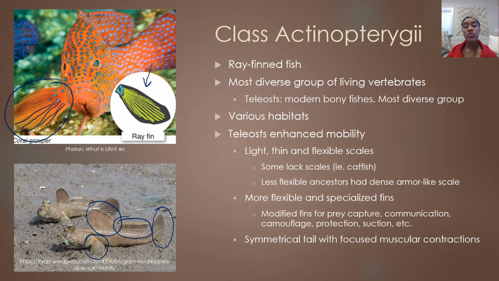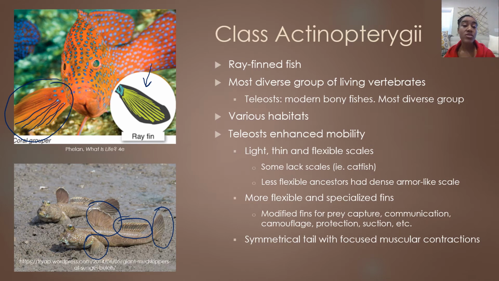And this is beneficial for teleost fish because it allows them to be far more mobile. The ancestor of ray fin fish had dense, very closely packed scales that acted like a suit of armor, which is good for protecting the fish from predators. However, it's bad for mobility. Imagine if you're wearing a suit of armor, you can't move around nearly as well. And so having these thin, flexible scales allows them to be more mobile and to access different elements of the environment so they can occupy different habitats.